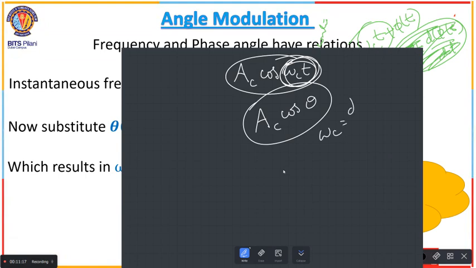Omega c is nothing but d theta by dt, that's all. This is where we bring in the concept of frequency in the sine wave. Otherwise, what is sine theta?